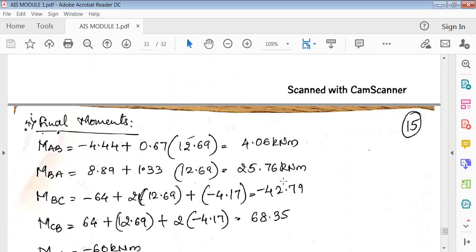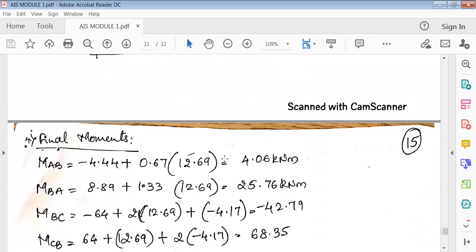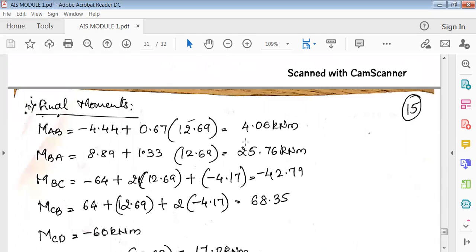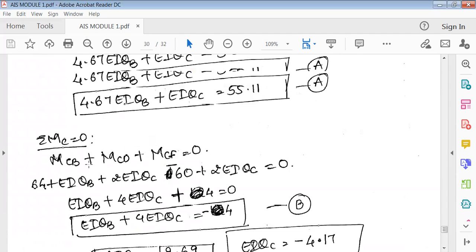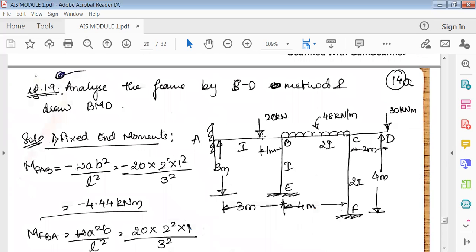Okay, after this, calculate the final moments. And the final moments are MAB. MAB is equal to, substitute in the given equation, the value of EI theta B and EI theta C along with the sign. So what is the check here is, again, at B, there are 3 members meeting at this joint. So all the 3 moments will not be the same.